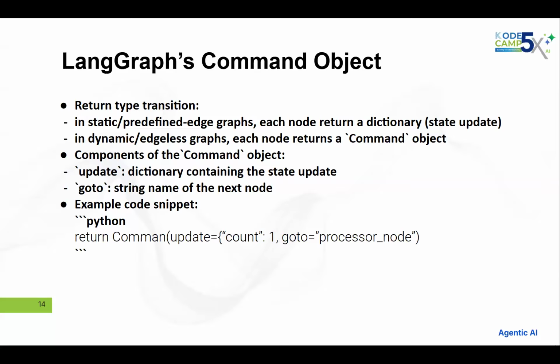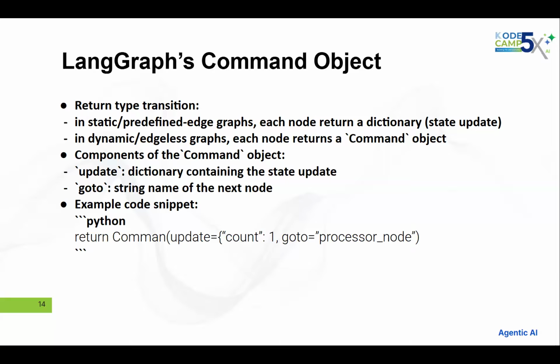And here is an example. Oh, there's a missing D there in the command object. So the update here increases the count to 1, and the next node you want to move to is the processor node. By returning this, you have essentially defined an edge between the node where this code is defined and the processor node.